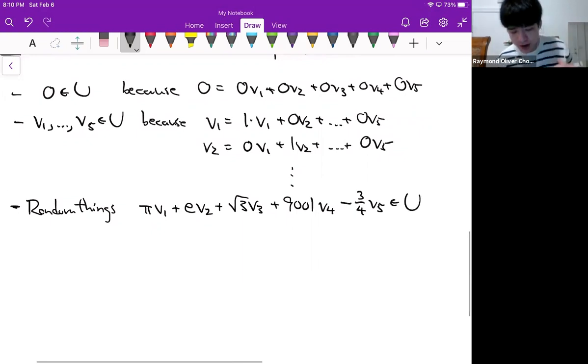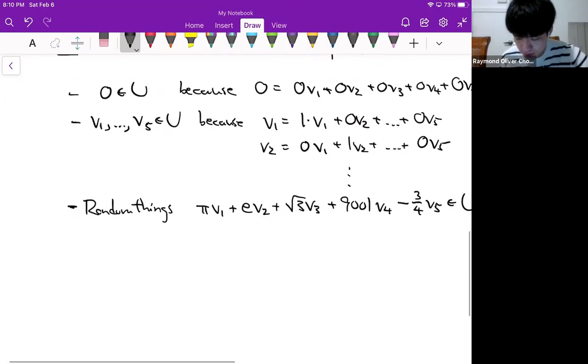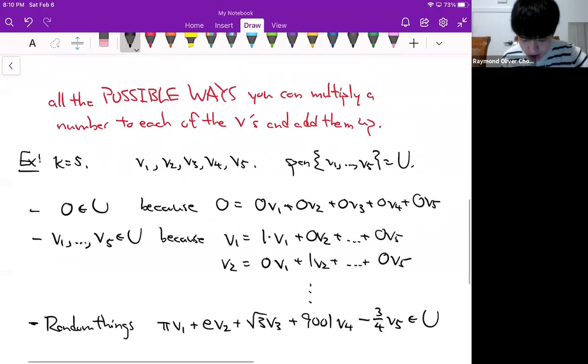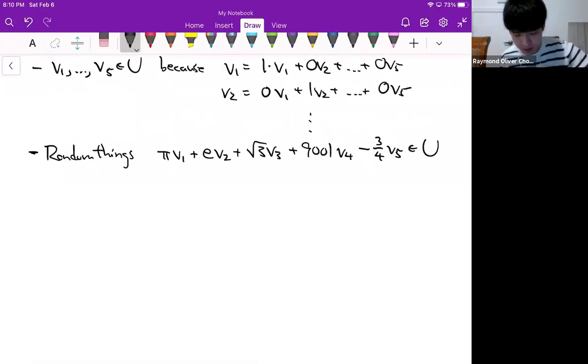This has to be in U, right? Because all I did was put my favorite numbers and multiply each of the V's by them. Well, that has to be in the span, right? So I hope now we see what span means a little better. And now let's look at what this means pictorially.